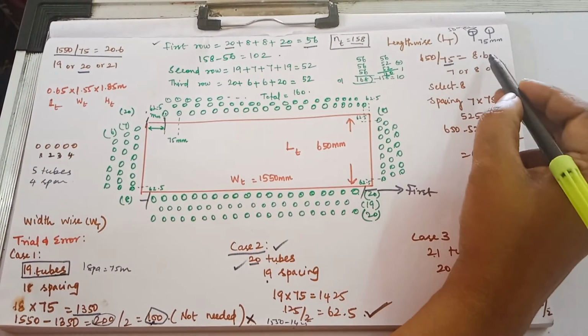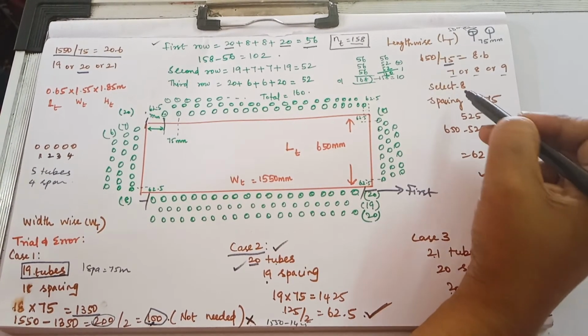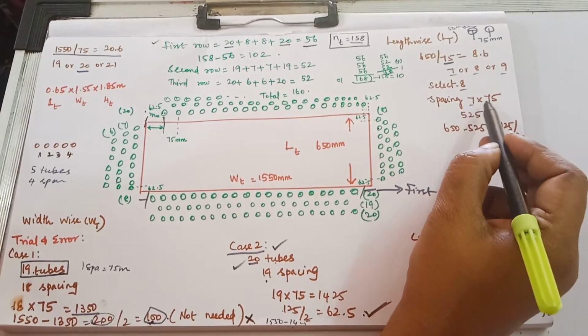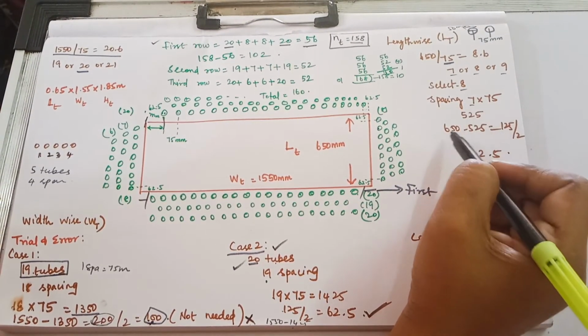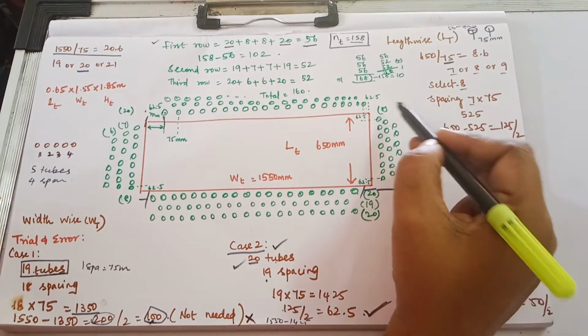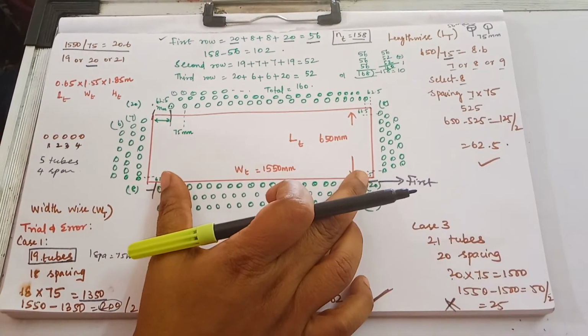So for 8.6, either you can select 7, 8 or 9. Here we are selecting 8, so the spacing is 7. 7 multiplied by 75 is 525. So 650 minus 525 gives 125, divided by 2. So on either side you can give 62.5, similar to widthwise.